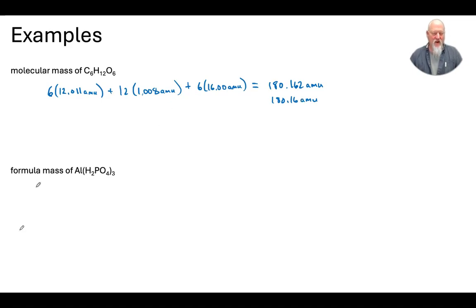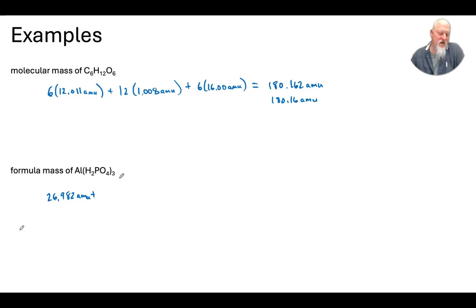And then let's do the formula mass of aluminum dihydrogen phosphate. That's an ionic compound, right? It starts with a metal, so that metal is going to be an ion. So dihydrogen phosphate's the anion, aluminum's the cation. So we're going to need an aluminum. Aluminum has a mass of 26.982 AMU plus.